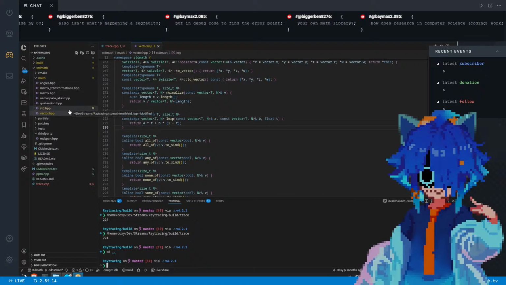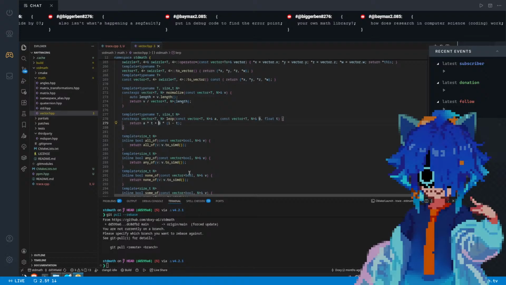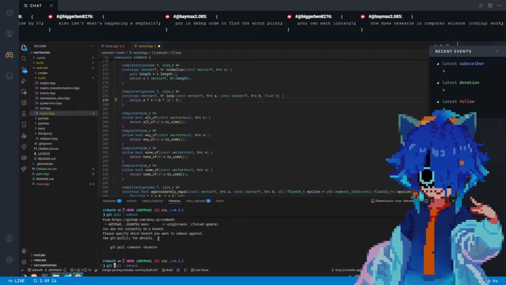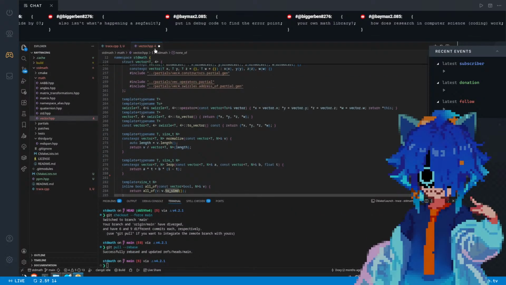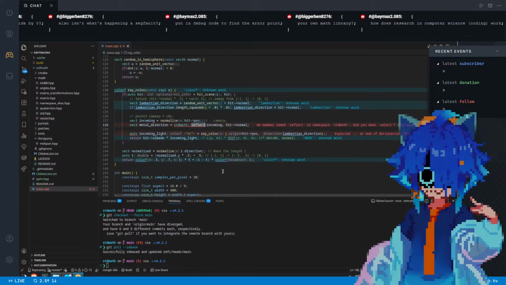We're going to cd into STEDMath, and we're going to git add dot, git stash, git checkout main, git pull base. And that should pull down the new vector that does have reflect. Cool.